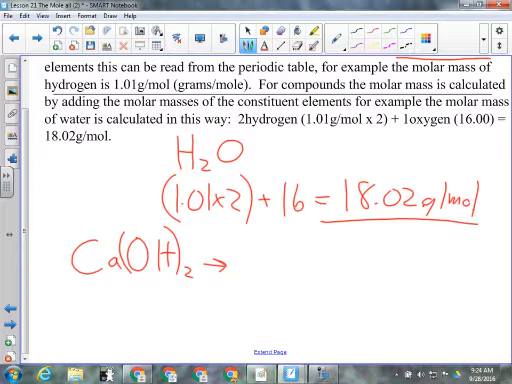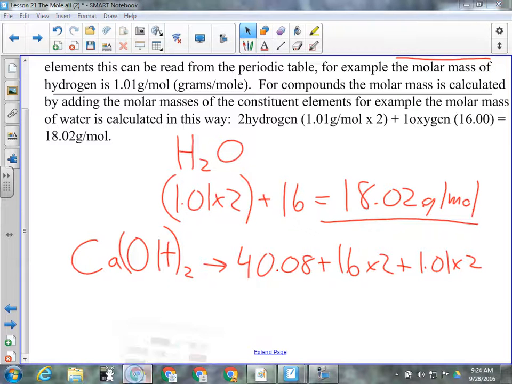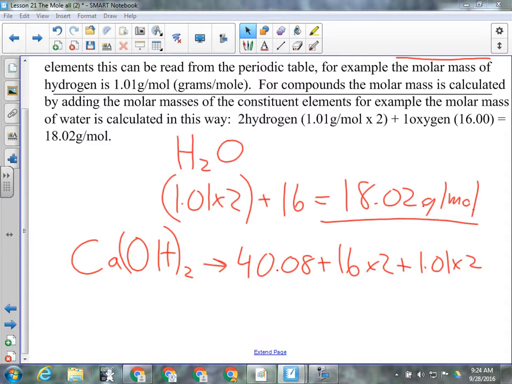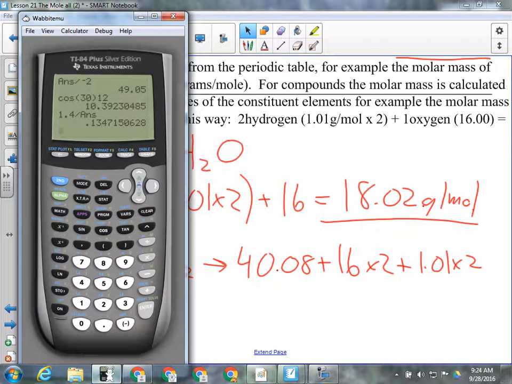So when we're calculating this one, calcium is 40.08, I believe. Oxygen is 16, and there's how many? 2. And there are 2 hydrogens. So if we add those all together, we got 40.08 plus 32.